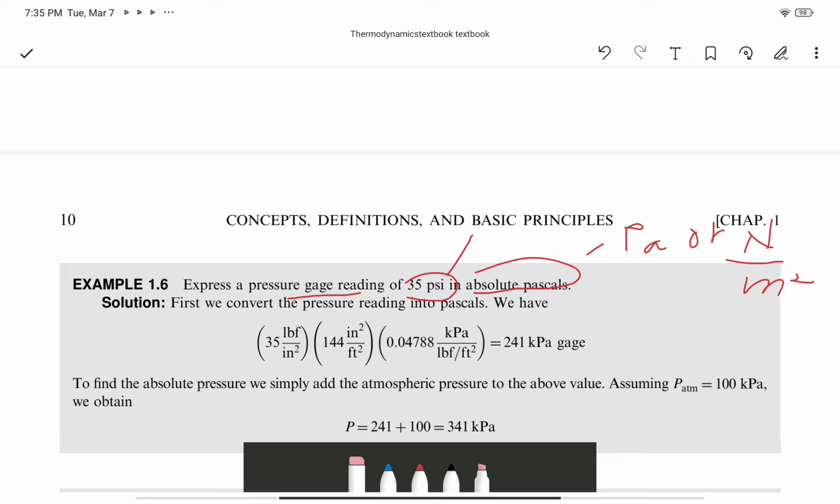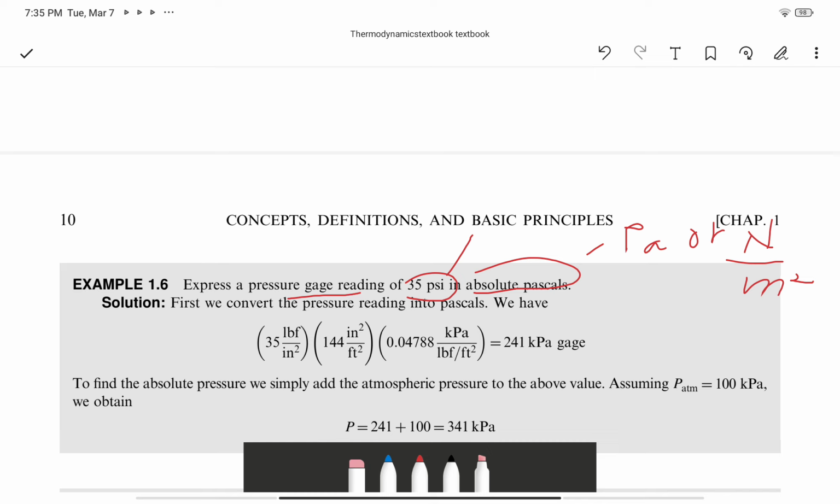So what you do is you need to memorize, right? So 35 pound force per square inch, this one, psi.